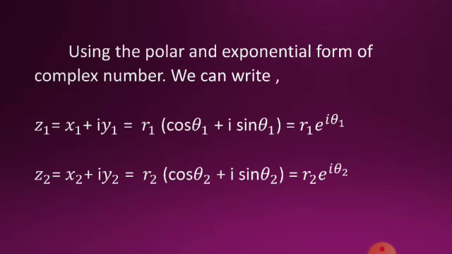Similarly, Z2 is equal to x2 plus iy2. Now in polar form, it is equal to r2 (cos theta 2 plus i sin theta 2). The exponential form is r2 e raised to i theta 2.